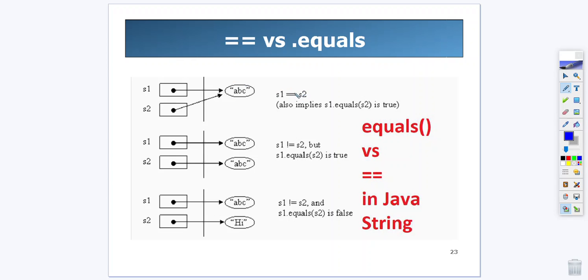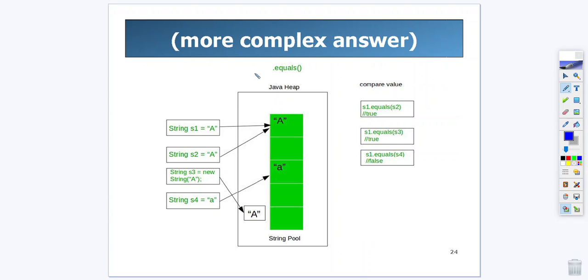Now, if S1 and S2 have the same address, then using dot equals would also evaluate to true. However, when we have a situation like this, when the contents are the same, but they're basically two different objects, S1 would not equal S2 using this relational operator. However, the contents would be, and then this would just be false. Now, in reality, there's a little bit more complex answer.